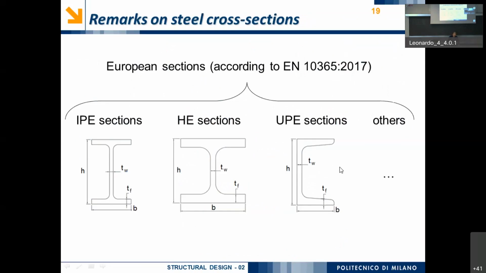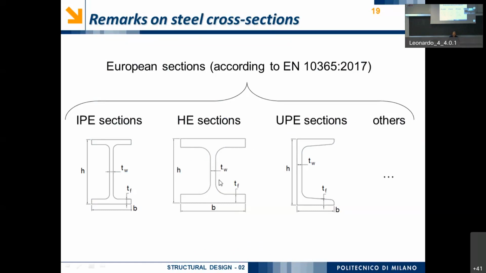Okay, I will show you very quickly some computation. I will give you some other value on next lecture. Of course, since this part is basically related to the behavior of steel cross section, okay?